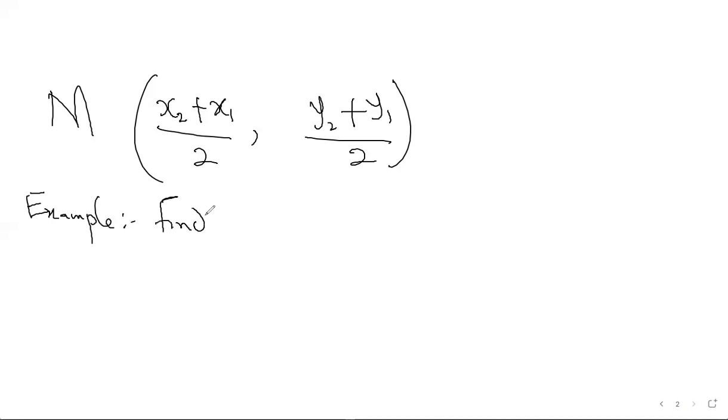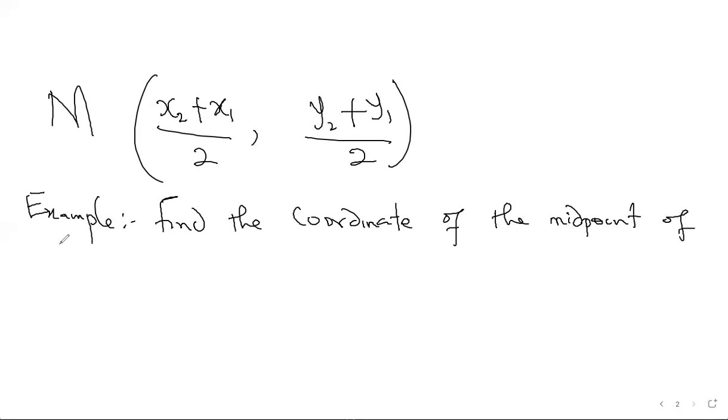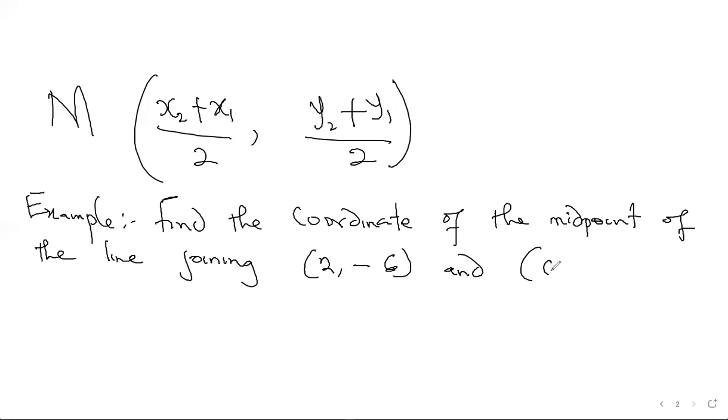Find the coordinates of the midpoint of the line joining 2, minus 6 and 6, 4.